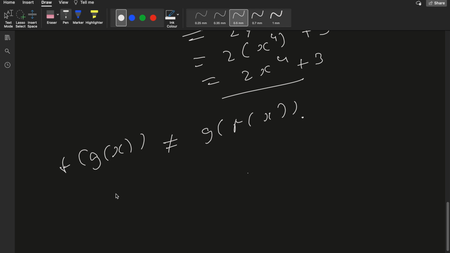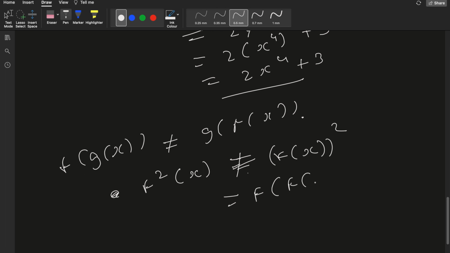Okay, the next important thing is this thing. You may think that it is f of x whole squared, which is not the case. This is basically the composite function of f of x with itself.